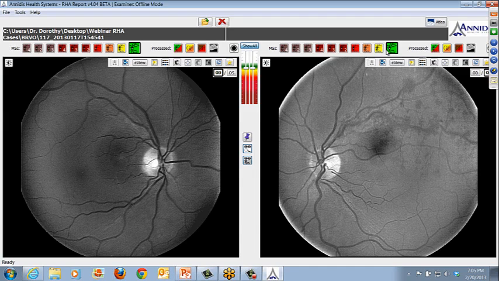This particular BRVO has been in existence for a couple of months, so this is not a brand new, fresh BRVO. So you're not going to perhaps see as many cotton wool spots, or it's going to be non-ischemic.